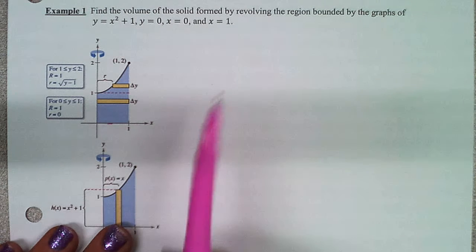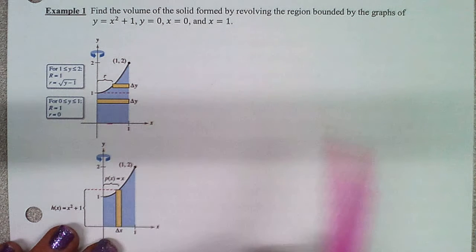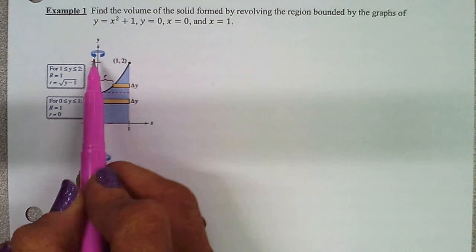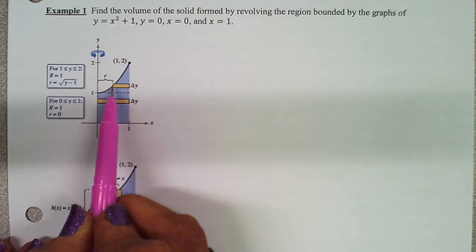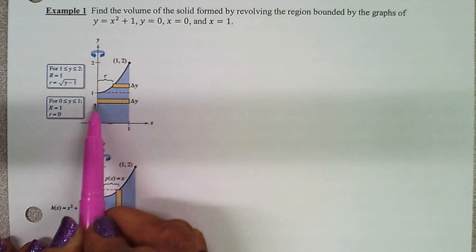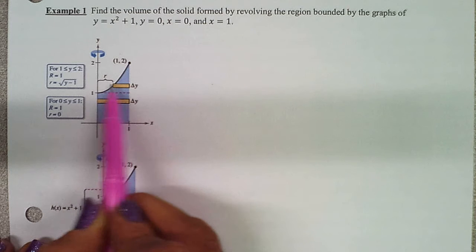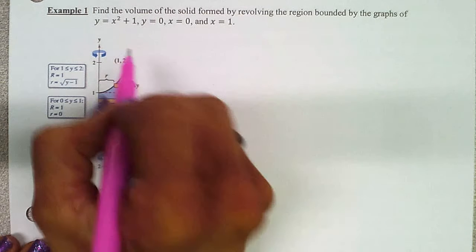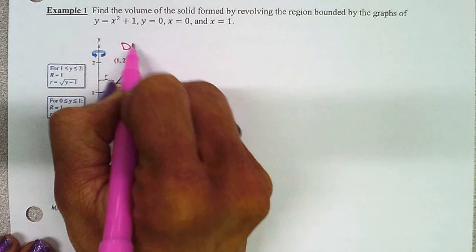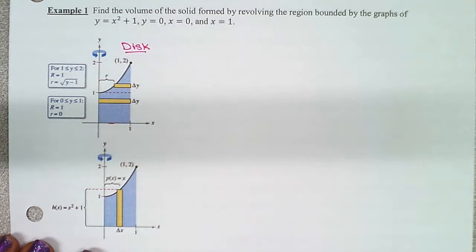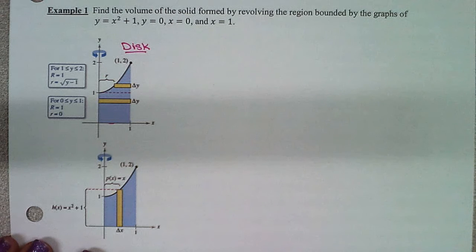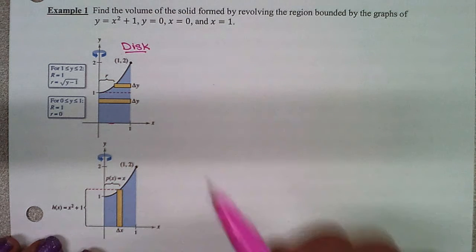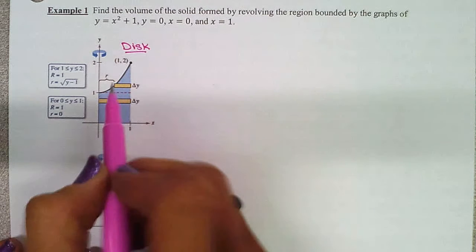So for this first one, if we are going about the y-axis like this, and we create rectangles that sit perpendicular, this is going to end up being our disk method. So we are going to use disk for this one to find the volume that's created.